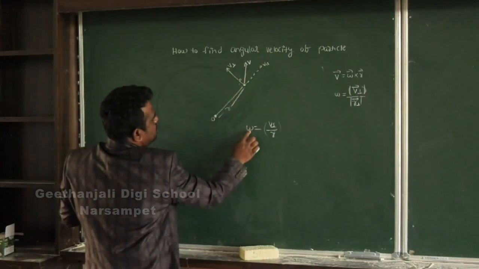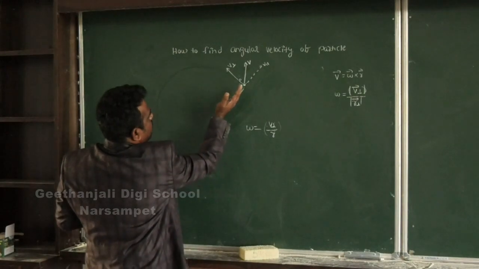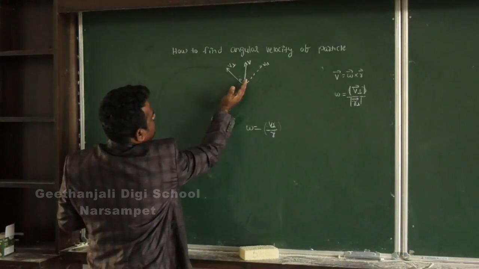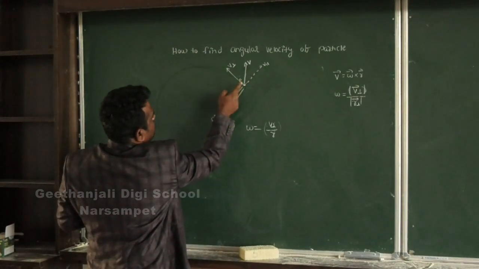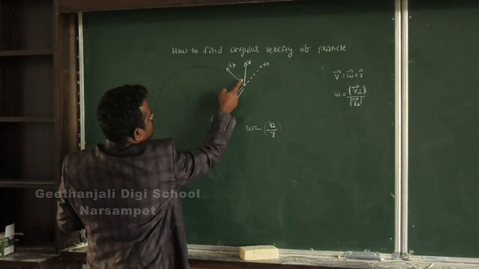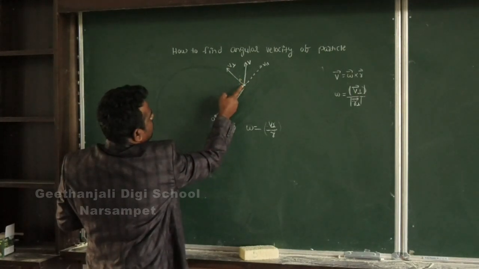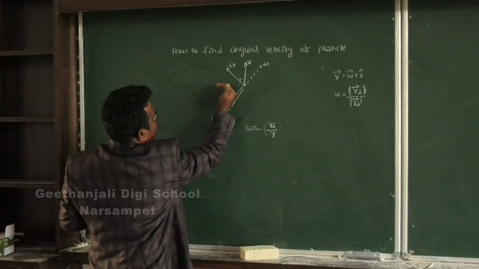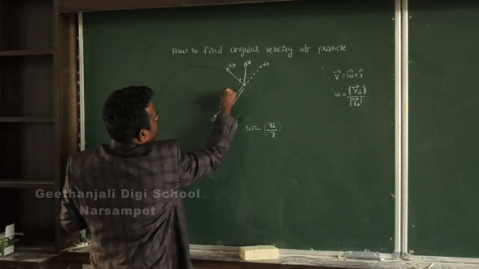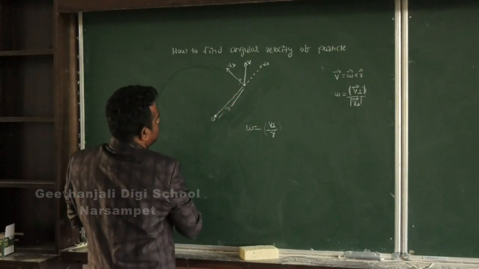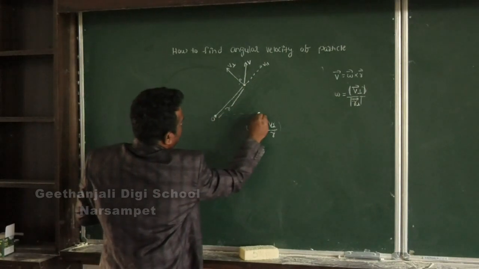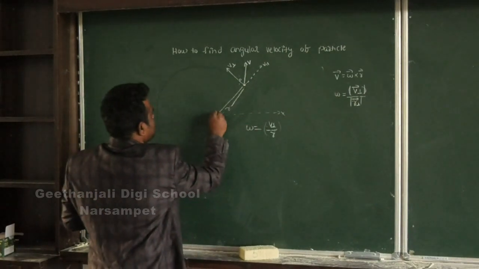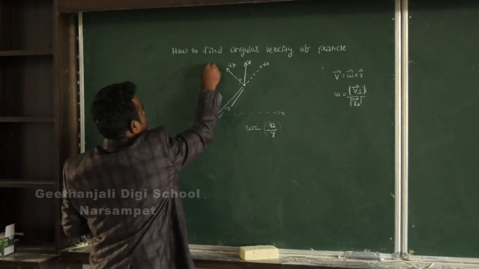To know the direction of angular velocity, we have to curl the fingers in the sense of rotation. This particle wants to move in an anti-clockwise sense. If I curl my fingers in the anti-clockwise sense, the stretched thumb gives the direction of the angular velocity. Now let us assume this is the x direction and this is the y direction.